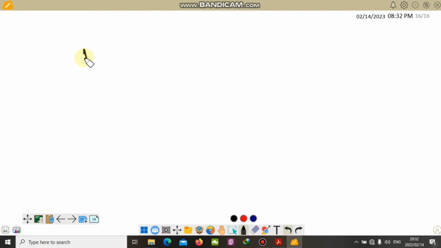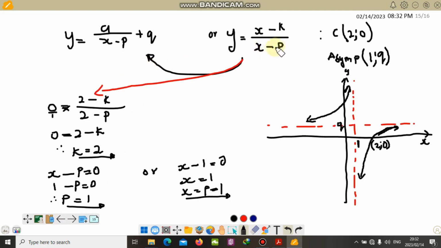So with the substitution, I'll say y equals to x minus k is 2, and x minus p is 1. So the formula is x minus p, and p is positive 1.